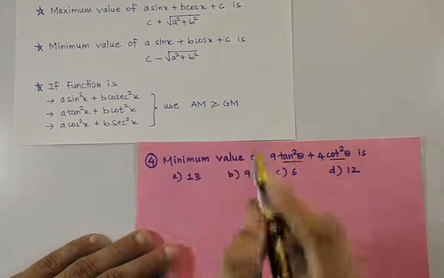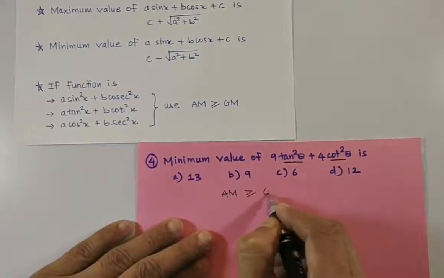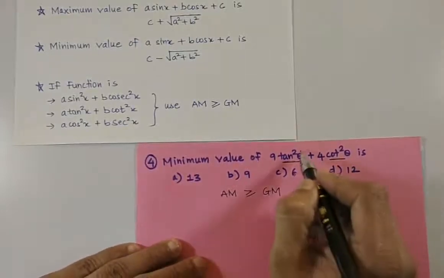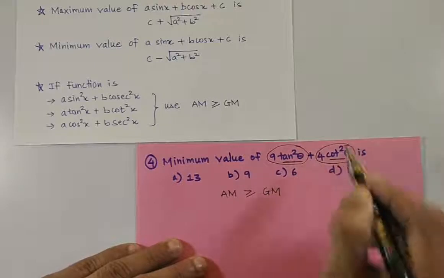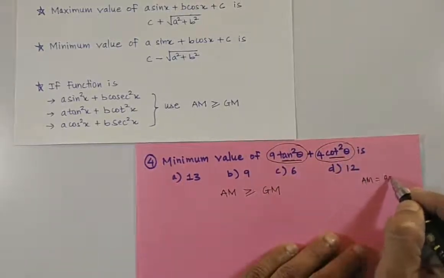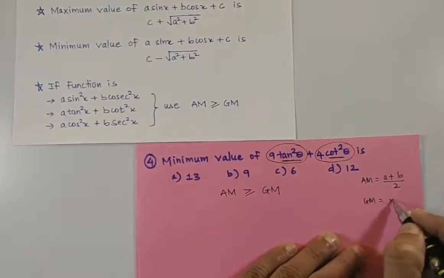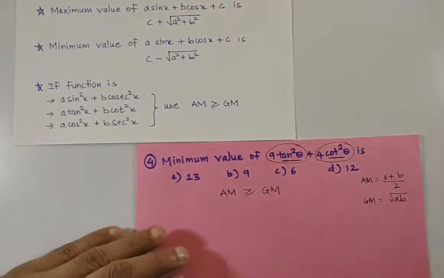So I will be using this condition, that is arithmetic mean is greater than or equal to geometric mean. Arithmetic mean is given by a plus b by 2. Geometric mean is given by root of ab of two terms a and b.